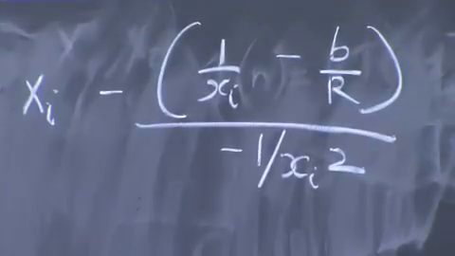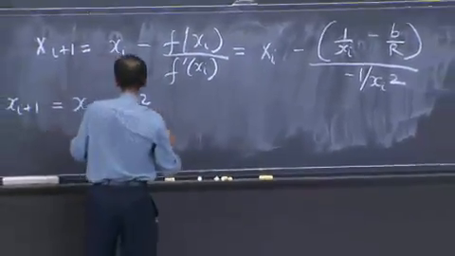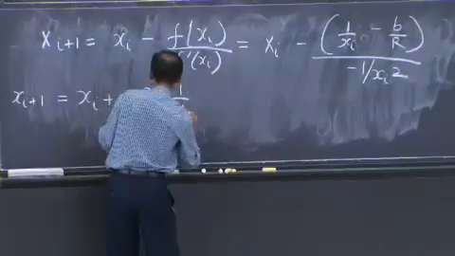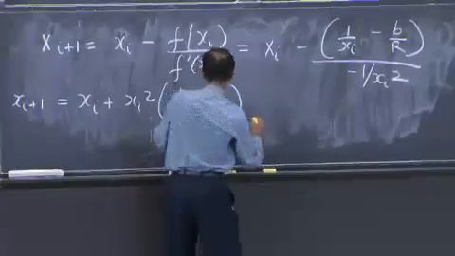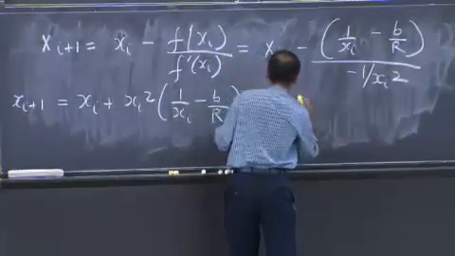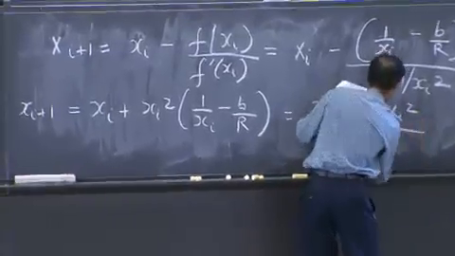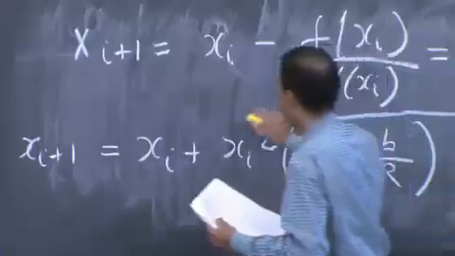And we have x_{i+1} equals x_i plus x_i squared times 1 over x_i minus b divided by r. And finally, I get 2x_i minus b x_i squared divided by r. All right? That is key.